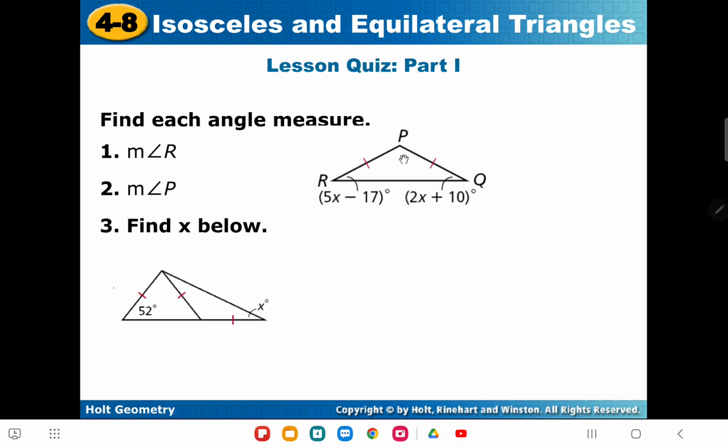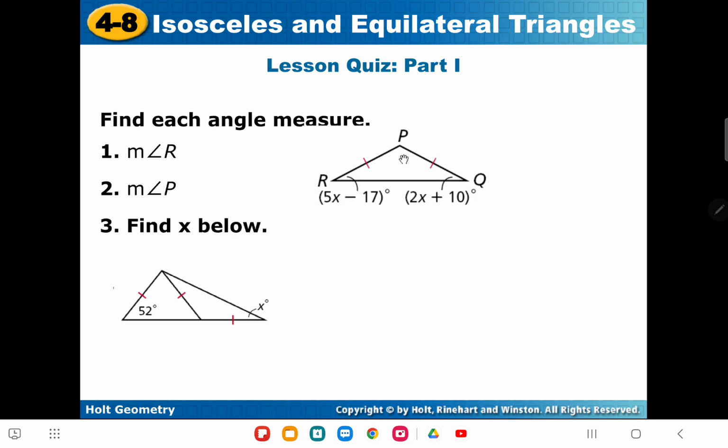Okay, quick quiz here. Determining each angle measure. Angle R, well, R and Q must have equal measures because they are congruent angles. And so the measure of angle R is going to be equal to 28 degrees.